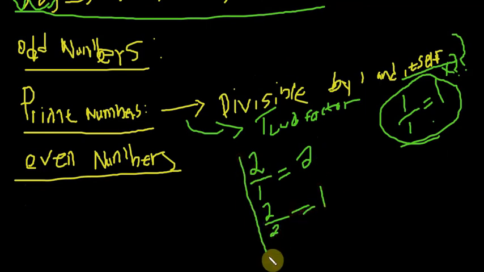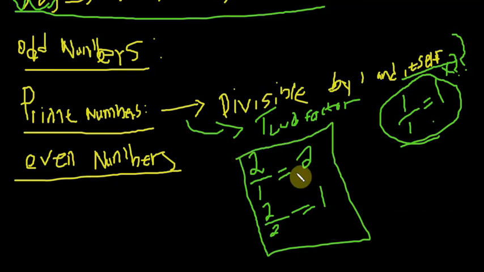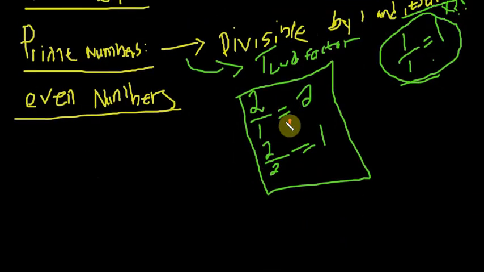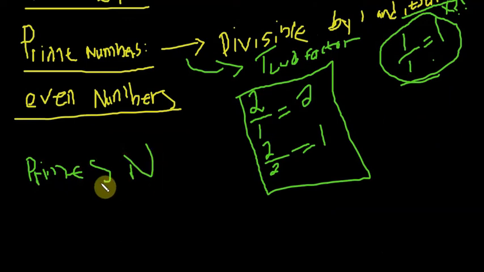So 2 by definition is a prime number. So prime numbers, let's list them down here. We have 2 is a prime number.